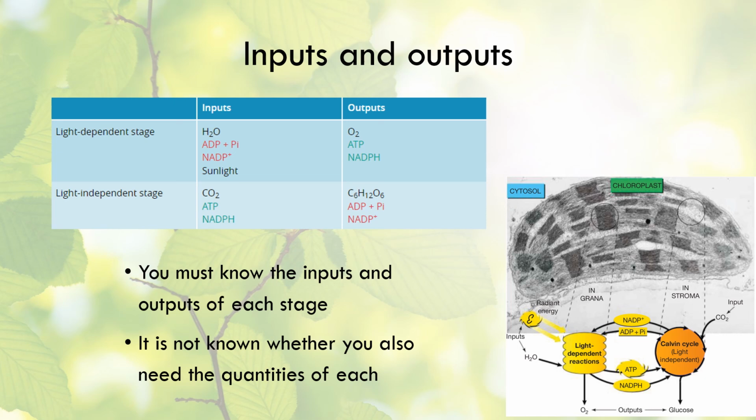So if you remember the 18 and 12, then you're pretty spot on the money as to what you need. But I don't think they're going to be testing you on the numbers of these. We do need to know in terms of the ATP that's produced for our mitochondria, but I don't believe they're going to test you on the numbers for these, but you must know the inputs and outputs of both stages.